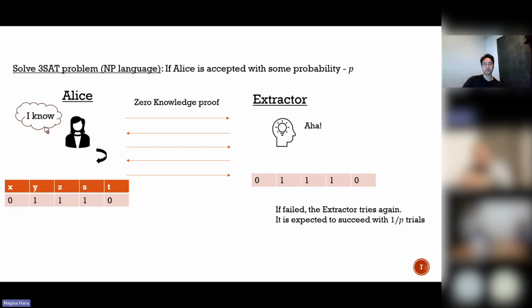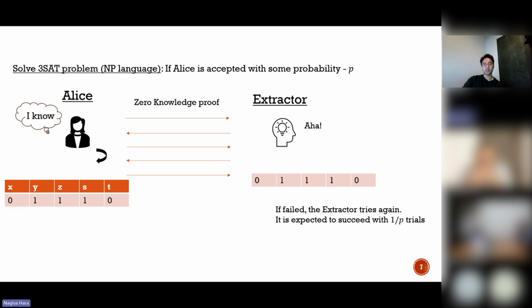Remark that since Alice the prover is only accepted with some probability p, sometimes Alice would respond with a wrong answer. But that's okay, the extractor can try again. Since the probability is p, you can expect that the extractor is able to extract the witness within 1 over p trials.